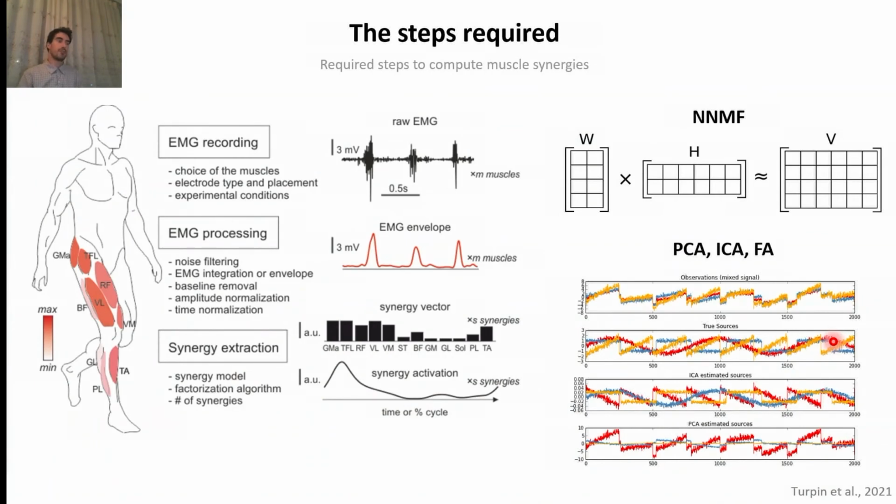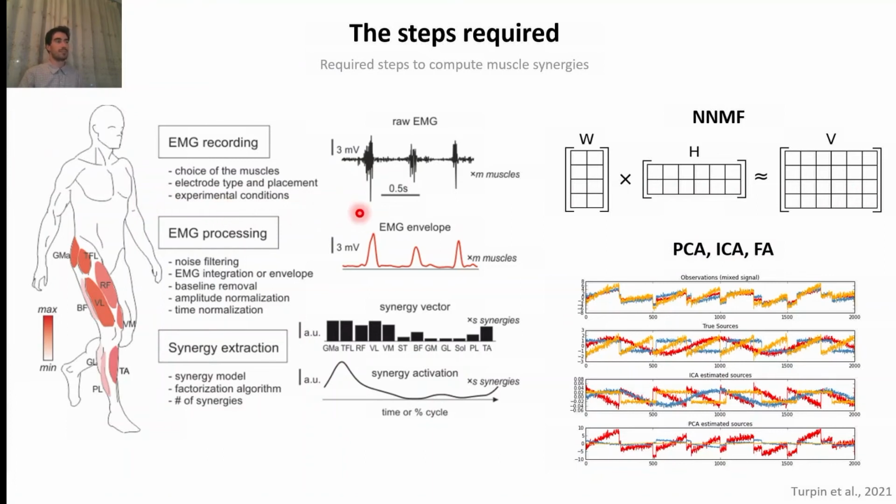It's also important to understand the steps required in muscle synergy extraction, because maybe we can take some ideas on how to process EMG to extract cortico-muscular coherence. In muscle synergy extraction, you go through the following steps. First, you record the EMG, and you of course need to choose the muscles.